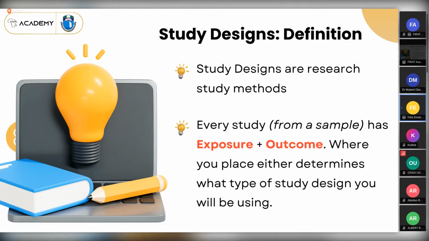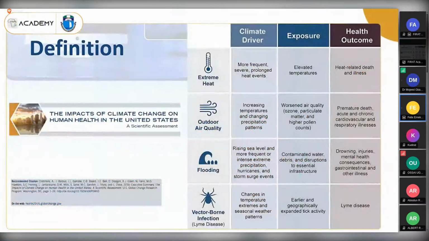So we'll move to the next slide. Thank you. So, for example, look at the impact of climate change on human health in the United States. Look at this diagram here. Two things will strike you: exposure and health outcome.